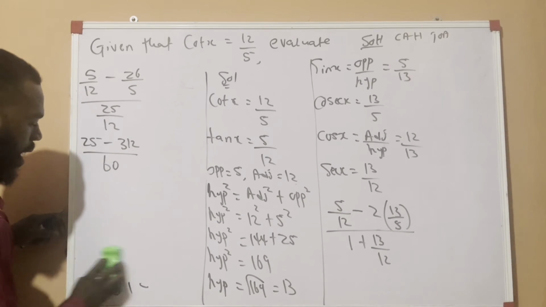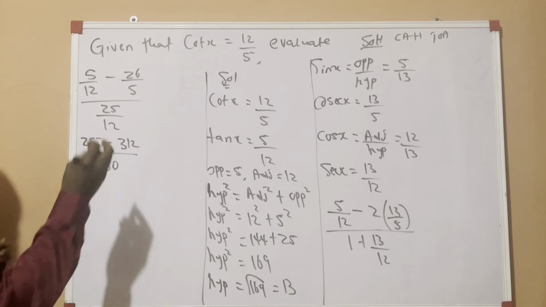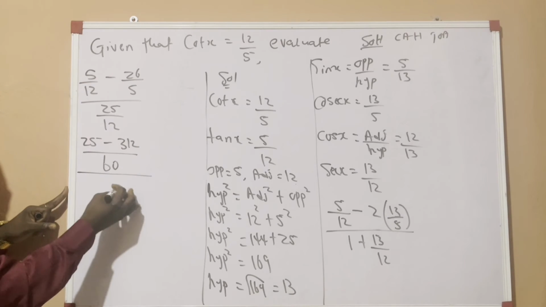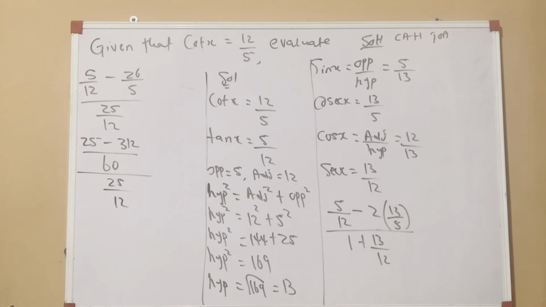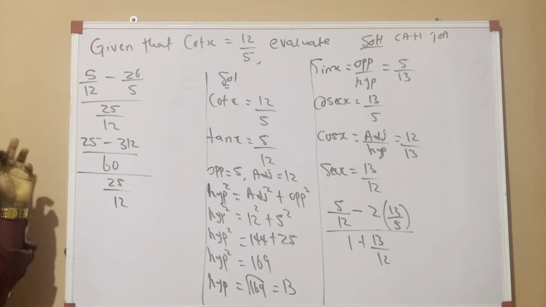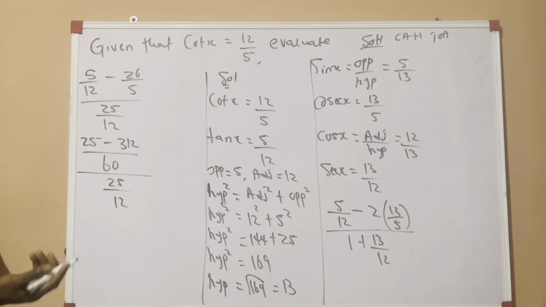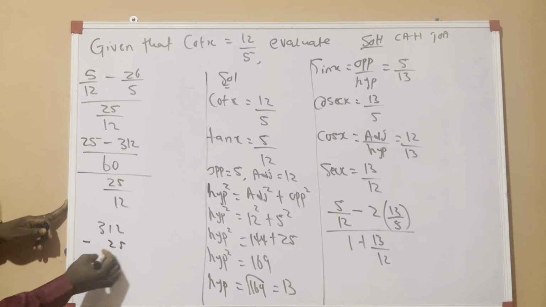Good. Now here at the denominator, what do I have at denominator? 25 over 12. Alright, so now if we subtract 312 from 25, which we can also say, let's say 312 minus 25.